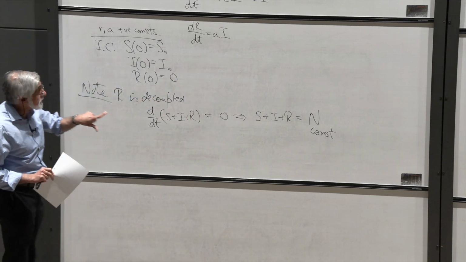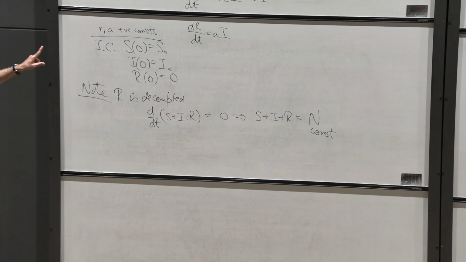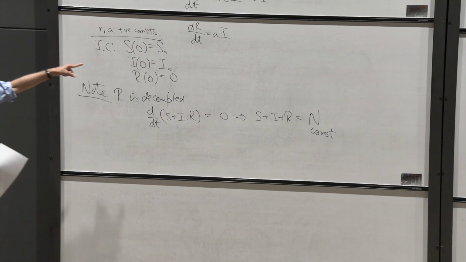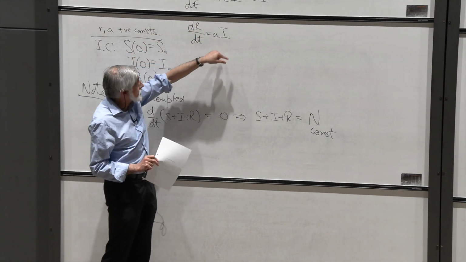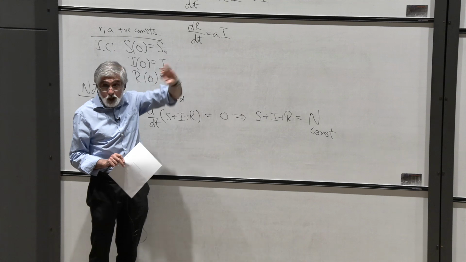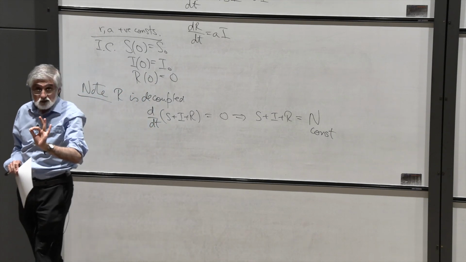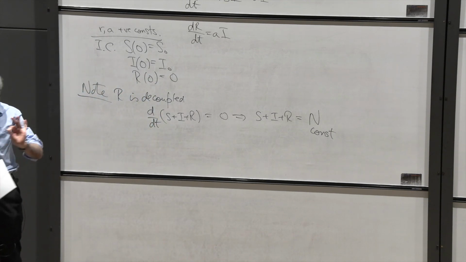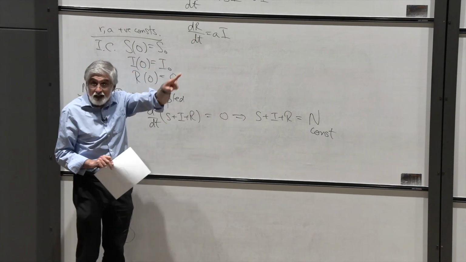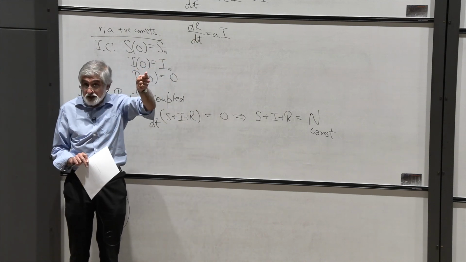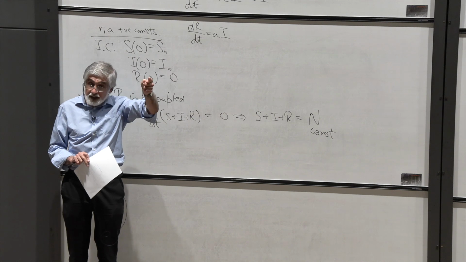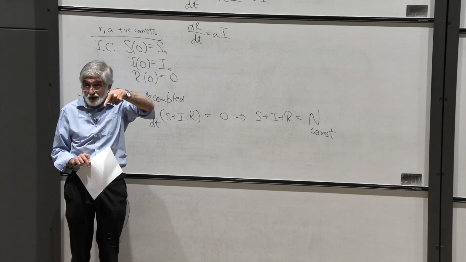I should also add here another assumption within this model is that when you've got the disease and you get to the removed class, you are immune. But you could have a system where you go back to being susceptible, and that's called an SIS model.